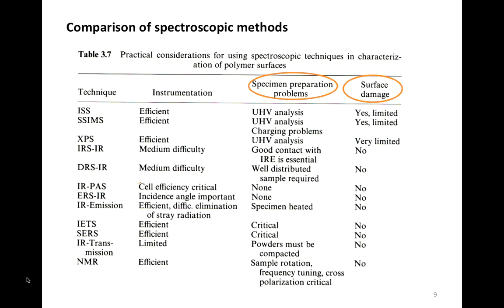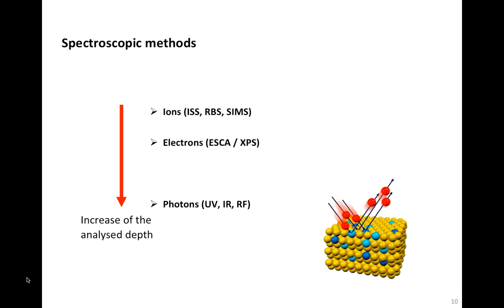Of course, all these samples need to be free of humidity or moisture. For instance, in nuclear magnetic resonance, you need to rotate the sample. And in transmission infrared spectroscopy, the powders must be compacted, and also immersed in a matrix of potassium bromide.